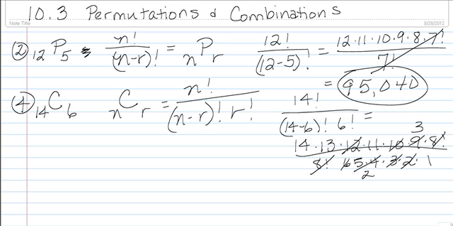We have a 2 that will go into 14. So let me multiply what's left. We have 7 times 13 times 11 times 3. And I'm getting 3003.